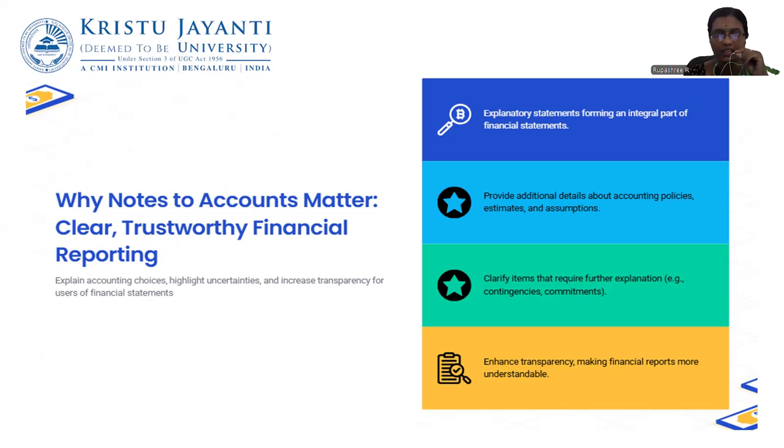For example, if there are any contingencies that are recorded, what are these contingencies? Why is it recorded? All these assumptions or additional notes and explanations are being given, which tries to enhance the transparency, making financial reports more understandable. Now, these become the major component for major financial statements that become a component in order to analyze the financial position of the company.